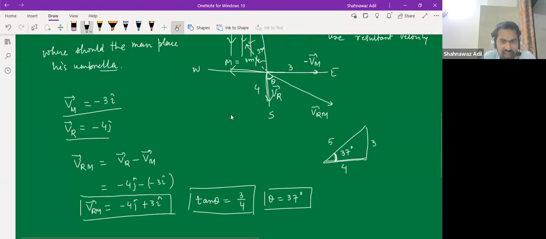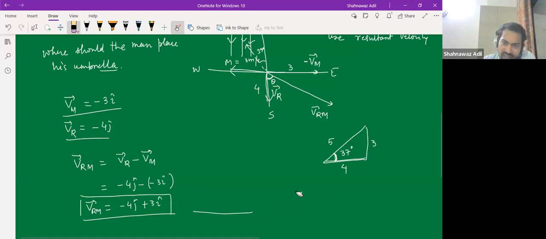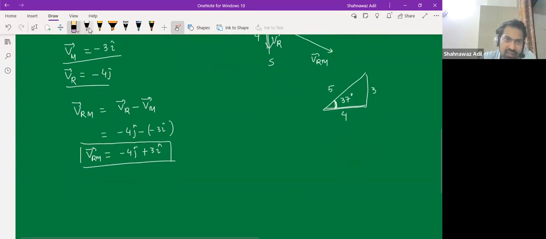Okay. What would be the angle? So you said Akib, 3 by 4, and so what is the angle? Sorry about that, guys. So this is 3i minus 4j, VRM.